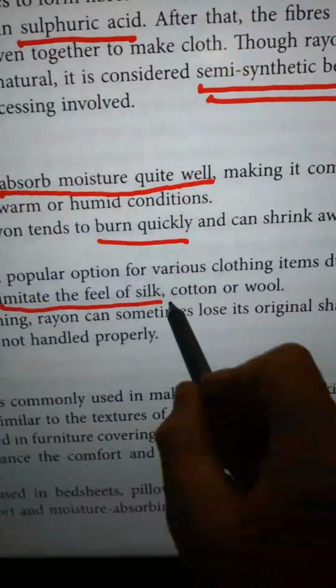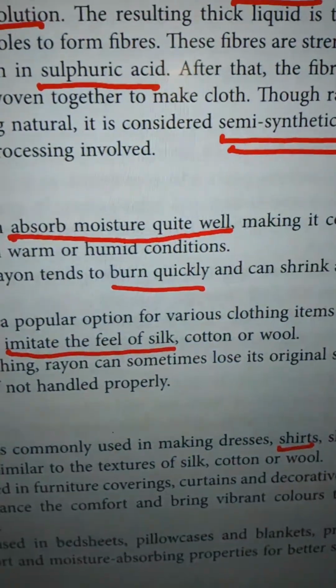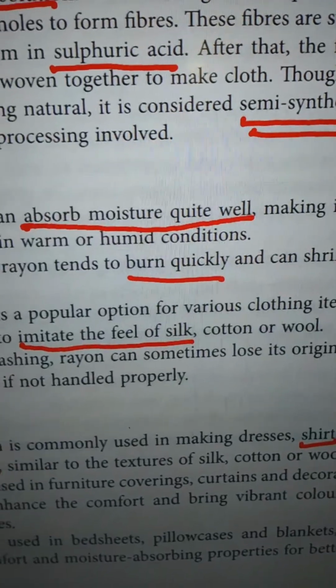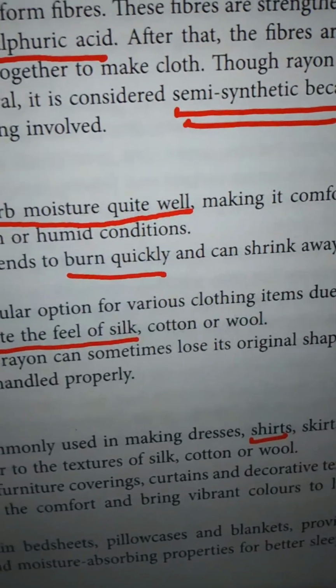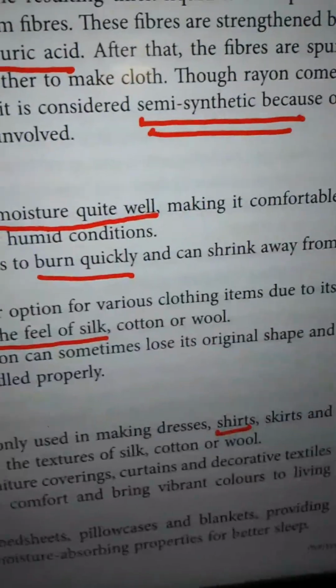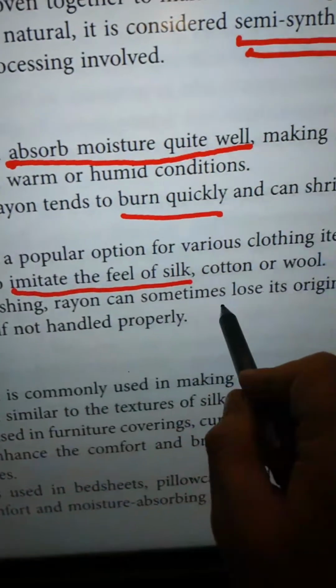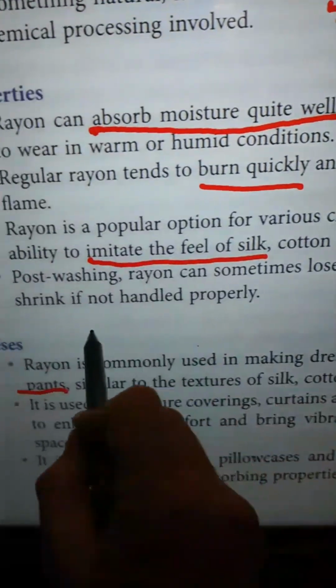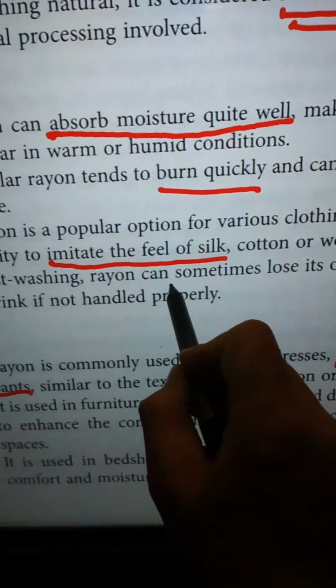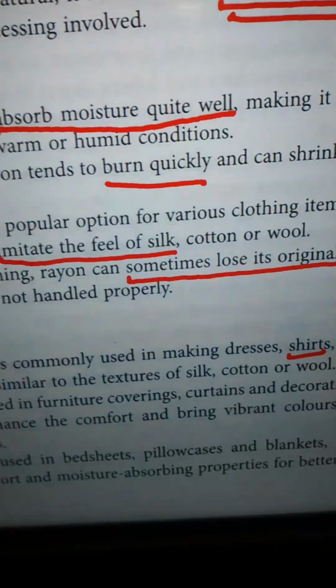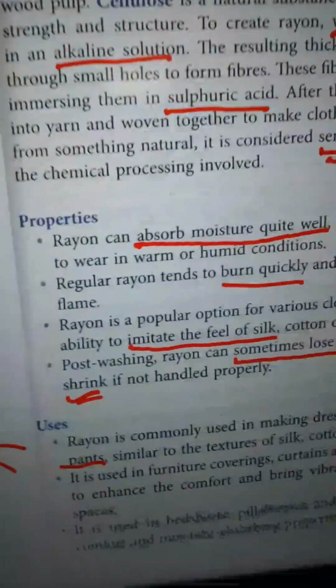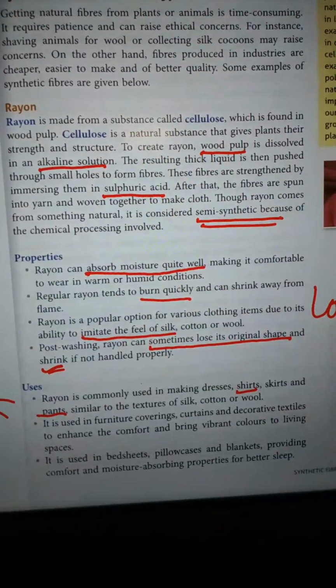Because silk is an animal product and we have to kill insects, and similarly for wool. We can use synthetic rayon instead. After washing, rayon can sometimes lose its original shape and shrink. That is the property of rayon.